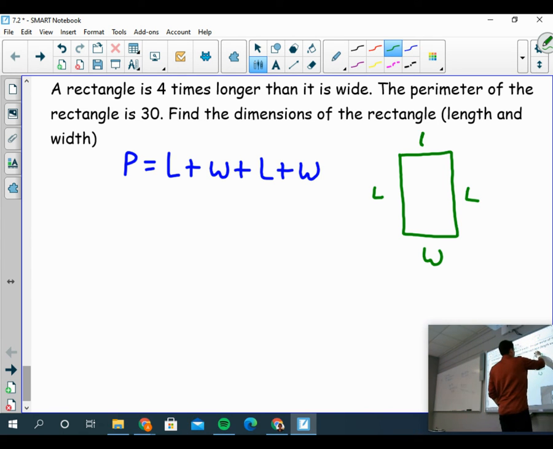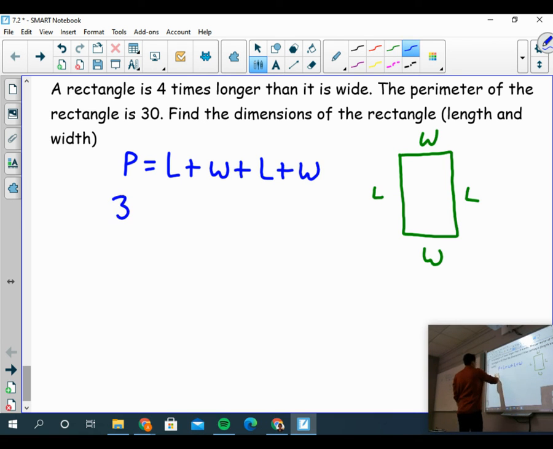Again, 2 L's and 2 W's. Why? Because we know opposite sides of a rectangle are identical. They are identical in their size. So if this left side is length, this right side will also be length. Same length. So we know this is our formula for perimeter, and we can now plug in some values.